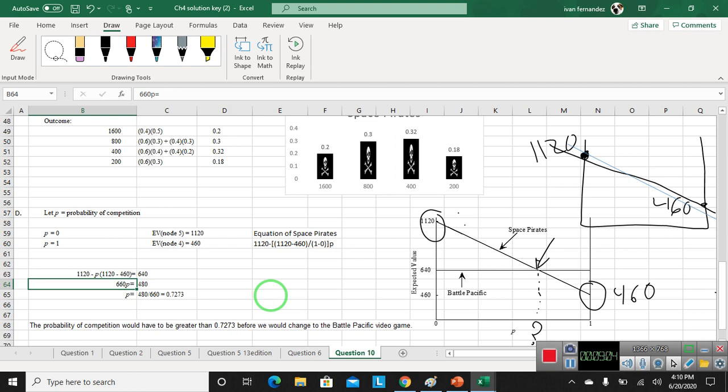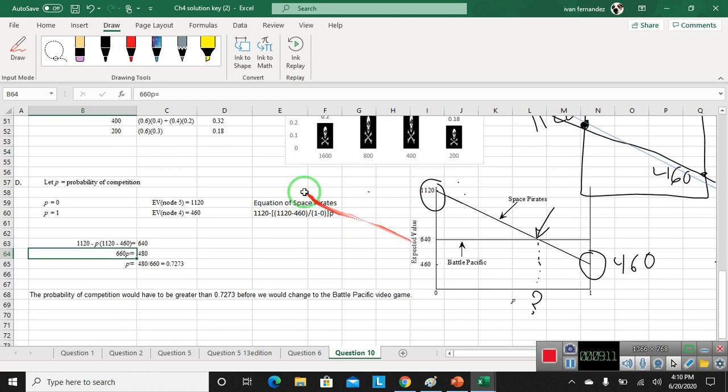That's that point, this point right here. It's 73%, 0.7273.